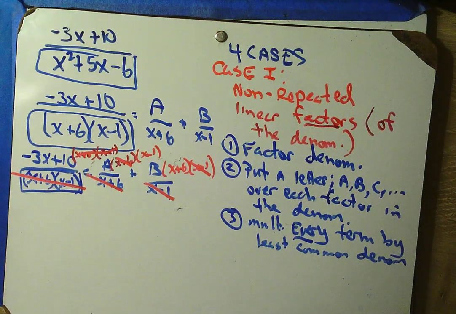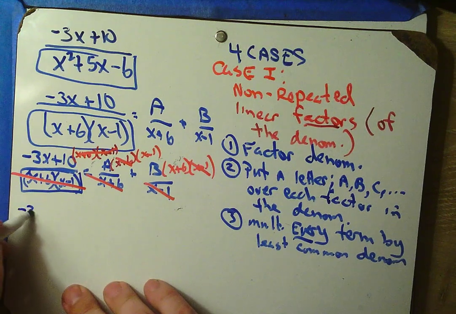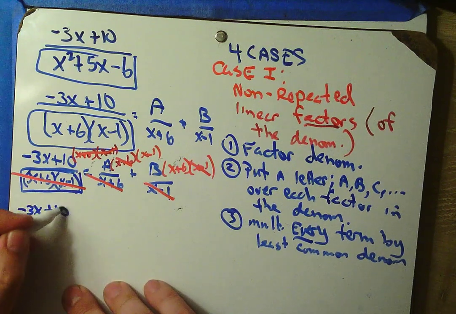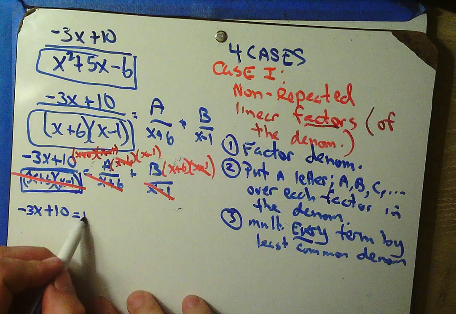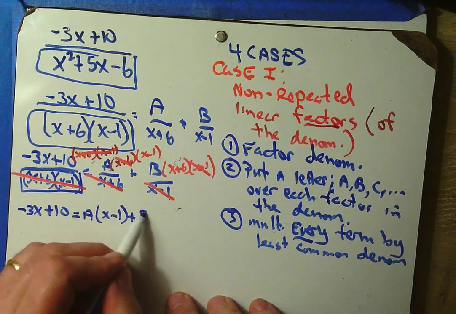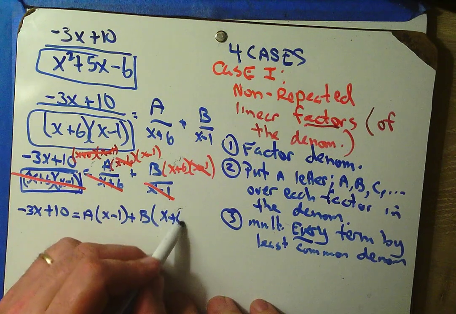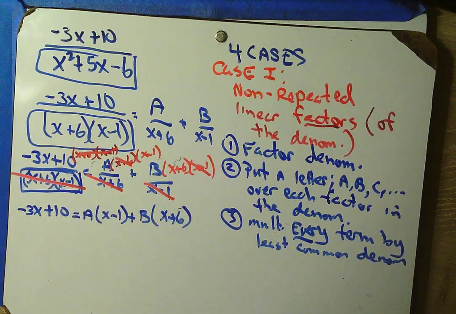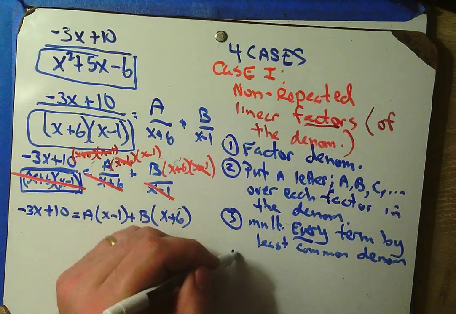And so now, just like when we were in Algebra Basics, I'm left with an equation that has no fractions. A times x minus 1 plus B times x plus 6. Okay? Now, from here, there are two paths we can take for step 4.